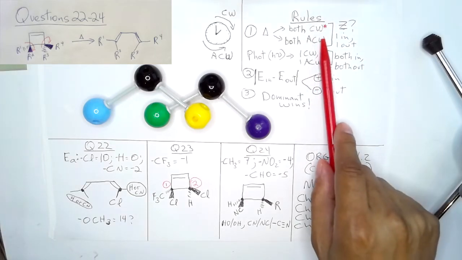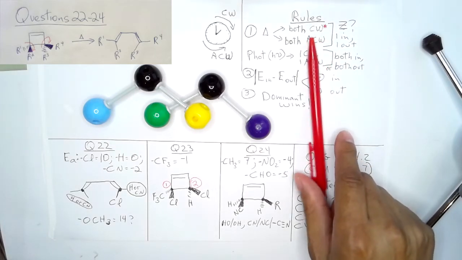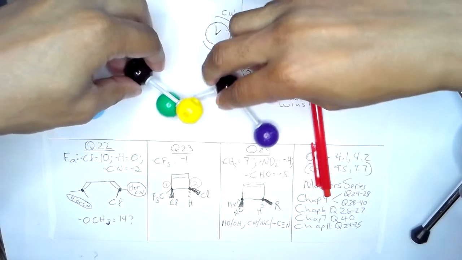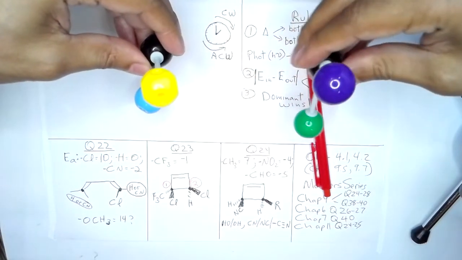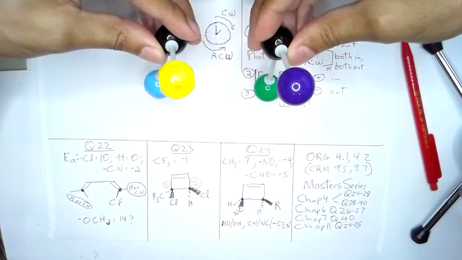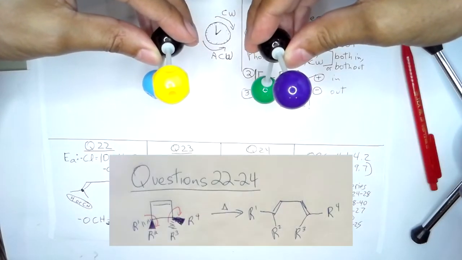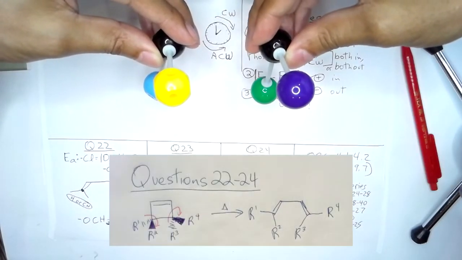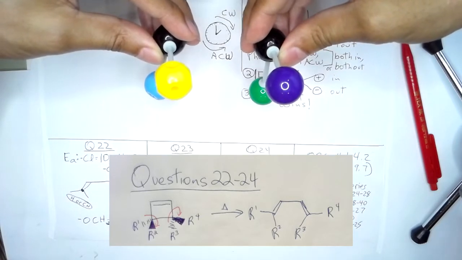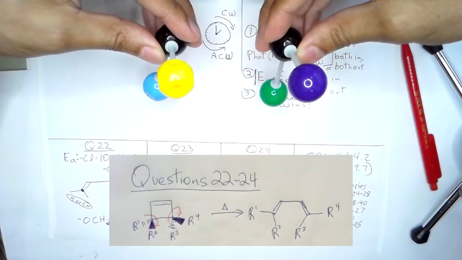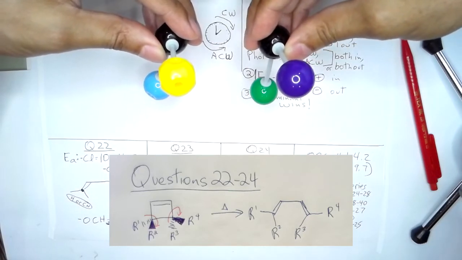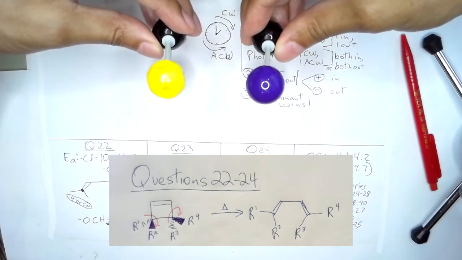Let's look again at this example. We have graduated from a nail clip to plastic balls. Okay, so yellow is R2, purple is R4. R2 and R4 are projecting towards you. Now notice, for the cyclobutene, these groups are really like this.